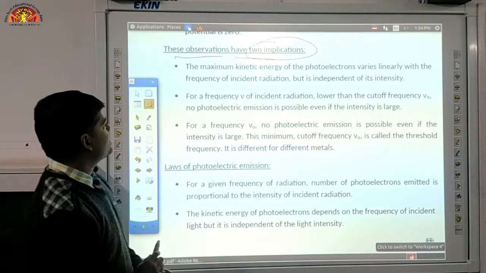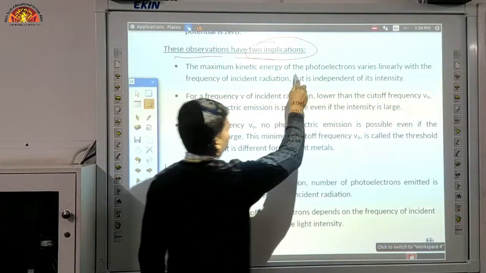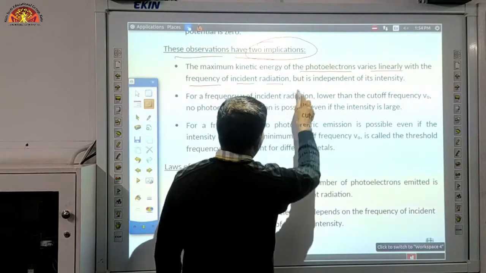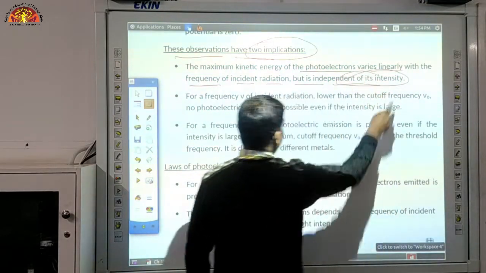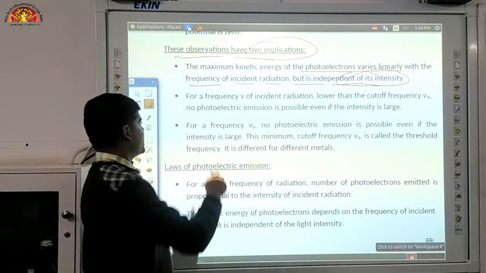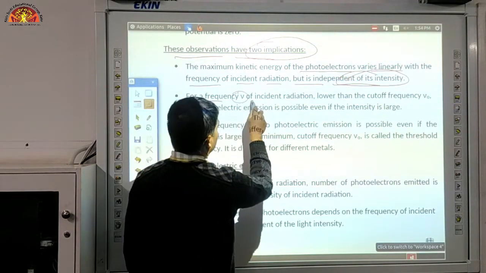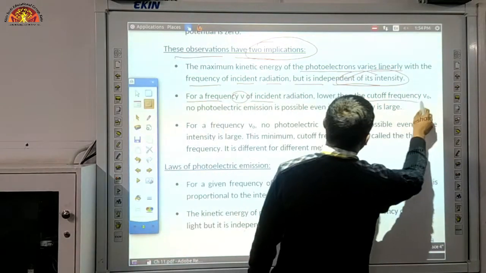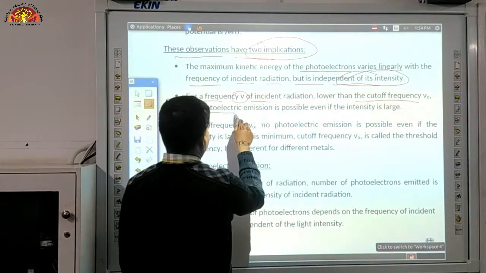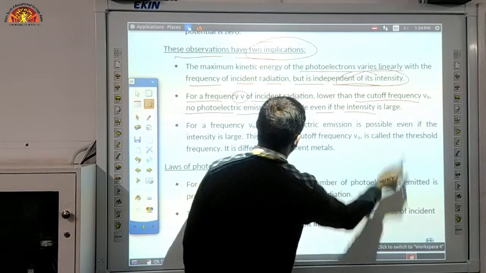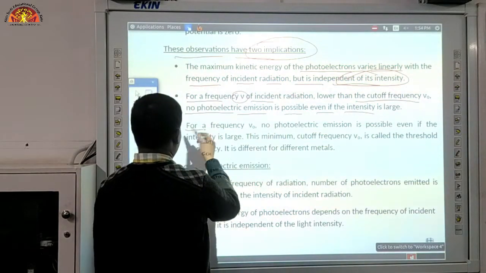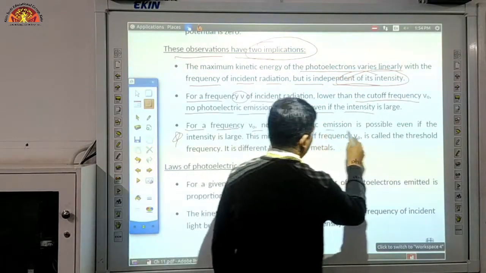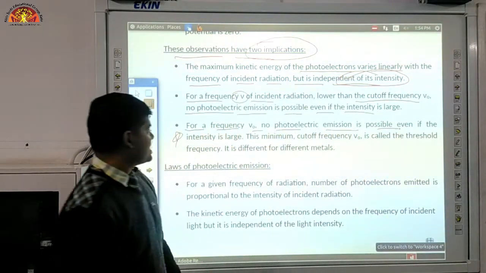Now these observations have two implications. First, the maximum kinetic energy of the photoelectron varies linearly with the frequency of incident radiation, but it is independent of its intensity. Next, for frequency of incident radiation lower than the cutoff frequency mu naught, no photoelectric emission is possible even if the intensity is larger.